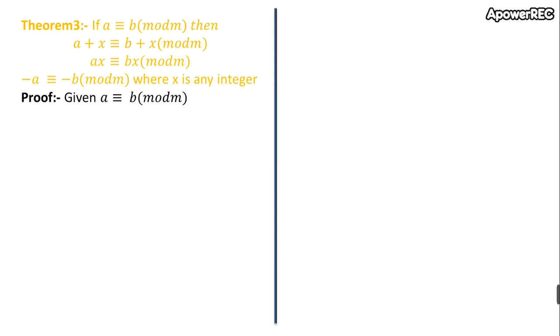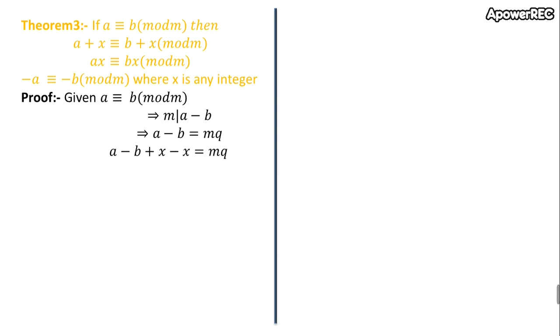Consider the given congruence, that is a congruent to b mod m, which implies that m divides a minus b, which implies that a minus b is a multiple of m, that is m into q.